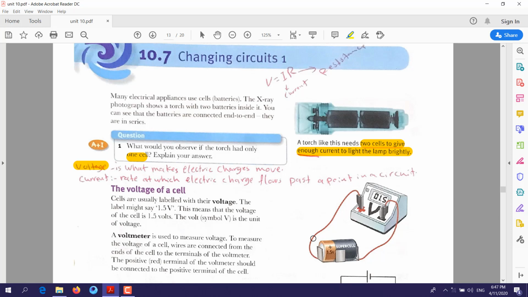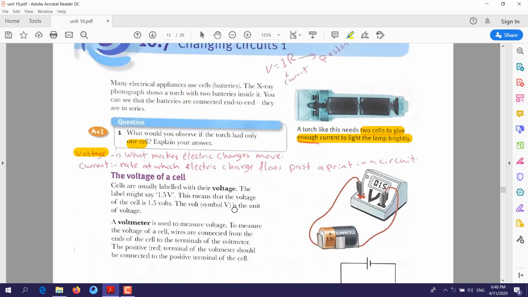Now, we know that in electric current the charges are moving in the circuit, but how strongly these charges are moving is what we mean by voltage.